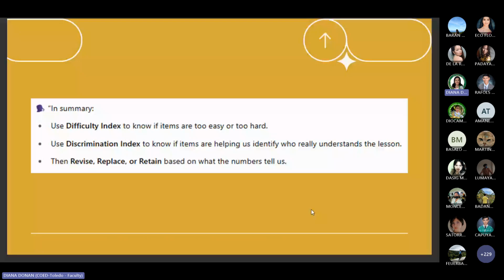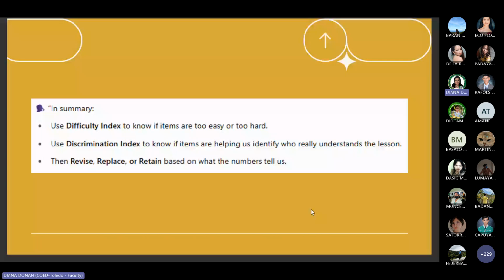Okay, so in summary, you use the difficulty index to know if items are too easy or too hard, and you may use discrimination index to know if the items are helping us identify who really understands the lesson. Then you will have to revise, replace or retain based on what the numbers tell us.